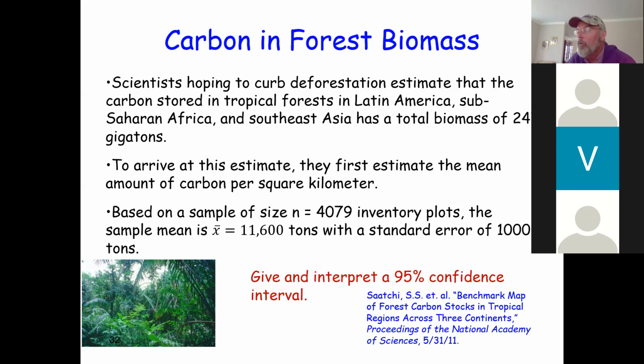So we want to calculate a set of values that go into a 95% confidence interval and then interpret that level. So what do we start with?